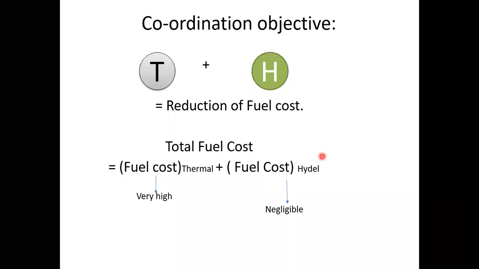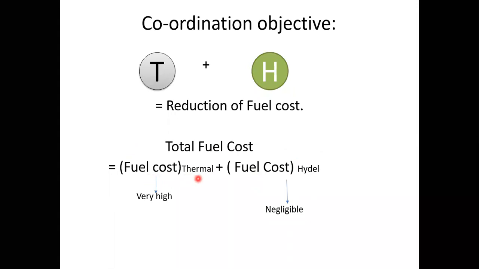So when we minimize the fuel cost of the thermal, we can minimize the total fuel cost, because the fuel cost of the hydel is negligible or zero. The total fuel cost is nothing but the fuel cost of the thermal. So that's why our objective is to minimize the fuel cost of the thermal.